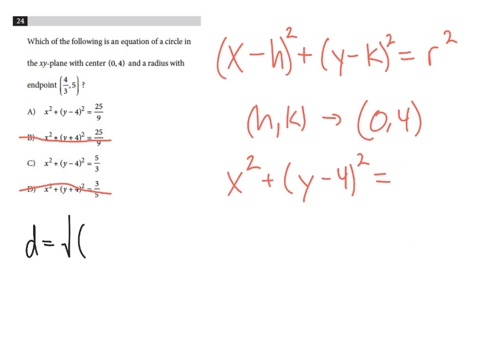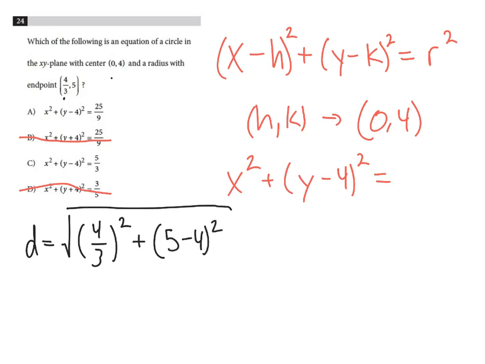So I'm going to go from 4/3 minus 0, well, that's just 4/3 squared, plus we have 5 minus 4 squared. We're taking the square root of all of that.